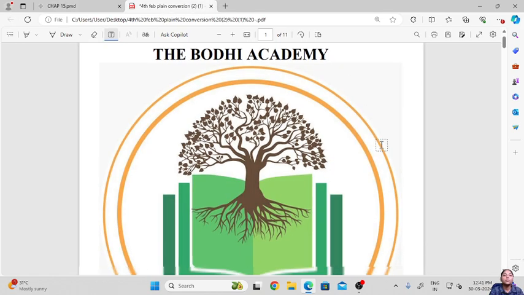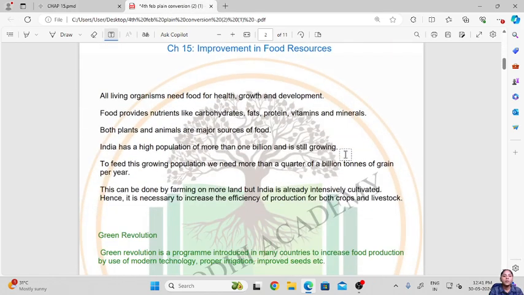Now we get food from plant and animal sources. The plants we get through farming or agriculture, and animal foods we get from animal husbandry. So all living organisms need food for health, growth, and development. Then the food provides us with nutrients like carbohydrates, fats, proteins, vitamins, and minerals.